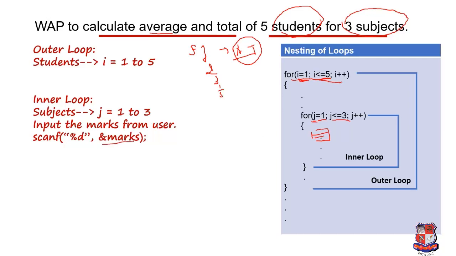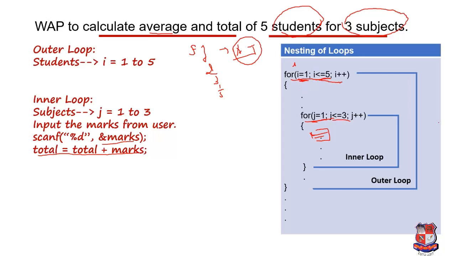We do this for 3 subjects inside the inner loop, and this inner loop will execute 3 times, one by one, so the marks of 3 subjects will be entered. In parallel we have to calculate the total also. For that we write total equals total plus marks. Initially we take the value of total as 0.